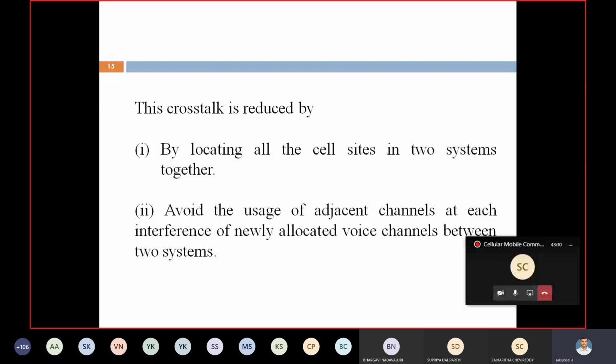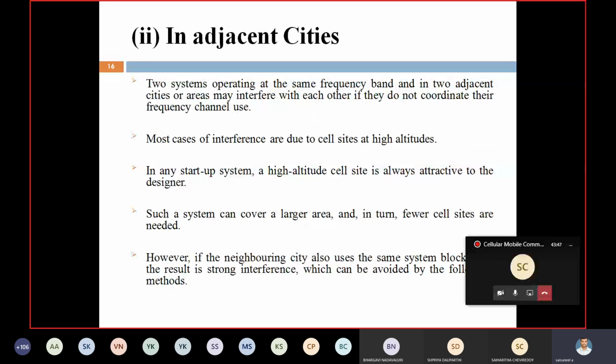How does interference occur in adjacent cities? Two systems operating at the same frequency band in two adjacent cities or areas may interfere with each other if they do not coordinate their frequency channel use.